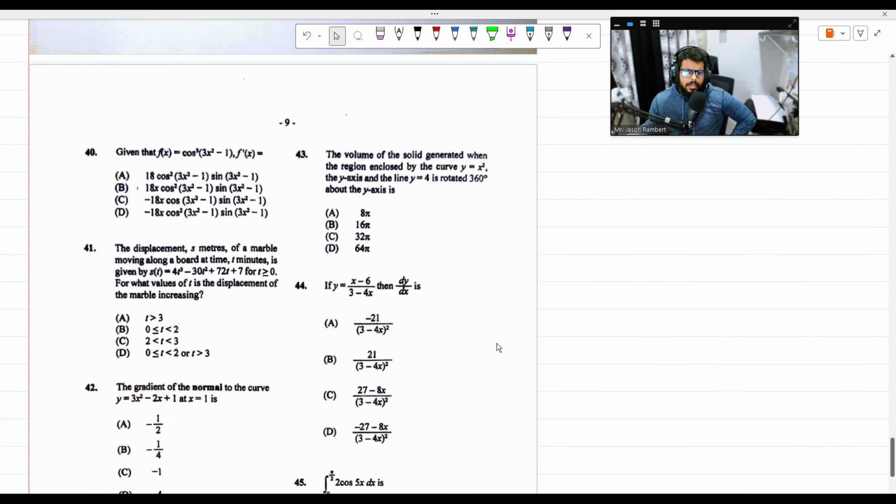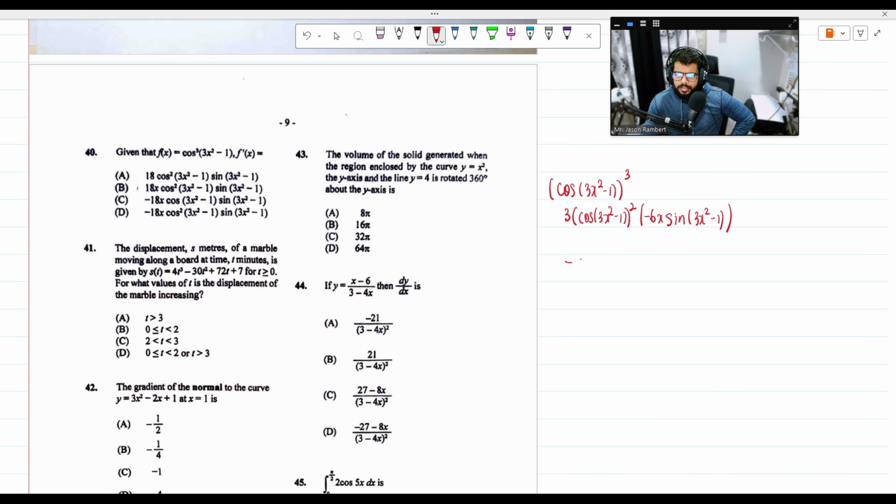Alright, so similar scenario here. This is a repeat question. Nothing will hurt if we do it over. So we're going to get cosine of 3x squared minus 1 to the power of 3. 3 into cosine of 3x squared minus 1 squared multiplied by the differential of the angle, which is going to be 6x, minus 6x sine of 3x squared minus 1.